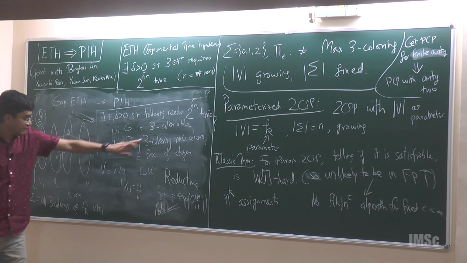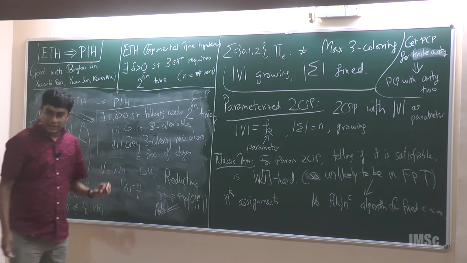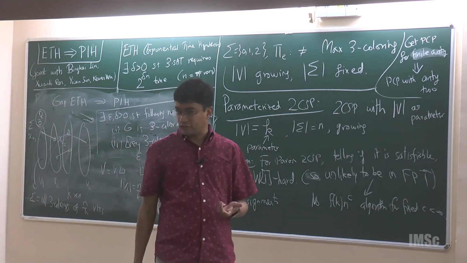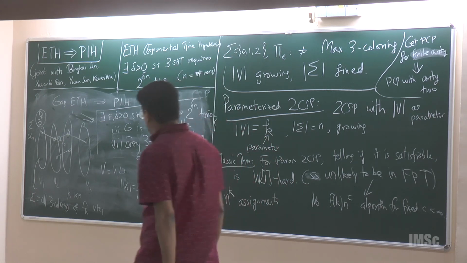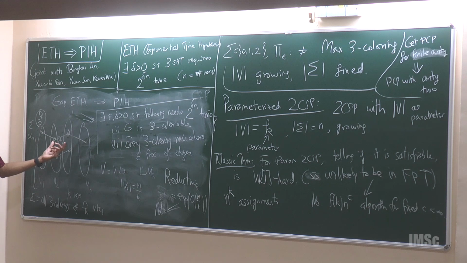So 3 colorability will imply that there is a multicolored k clique here. The other direction is also not hard. If every 3 coloring miscolors an epsilon fraction of edges, then any k vertices you pick here must also have some constant fraction of things miscolored. Maybe that requires the graph is bounded degree, which you can assume.